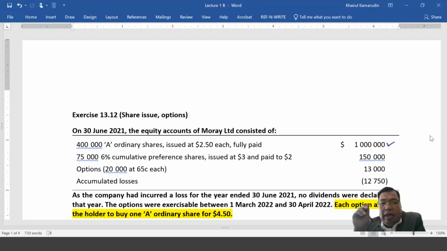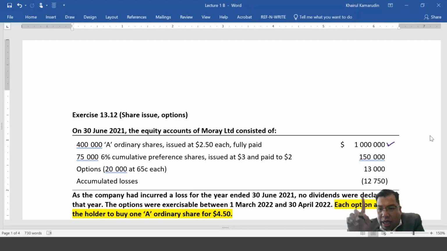Second, you have 75,000 6% cumulative preference shares issued at $3. The issued price is $3, but until 30th June 2021, they only paid $2.